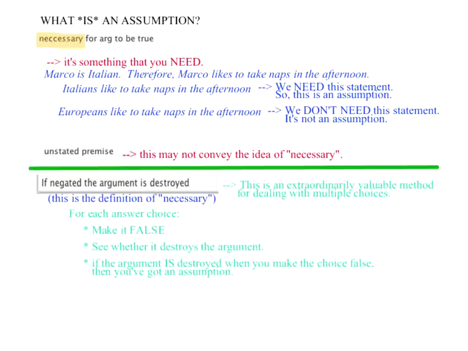So you try this with Marco. The assumption is Italians like to take naps in the afternoon. If you negate that, you get Italians don't necessarily like to take naps in the afternoon.